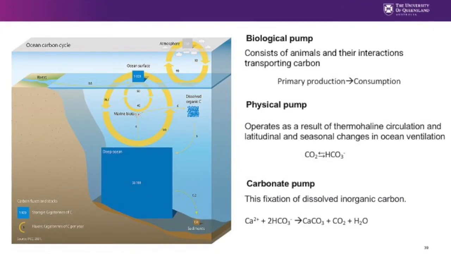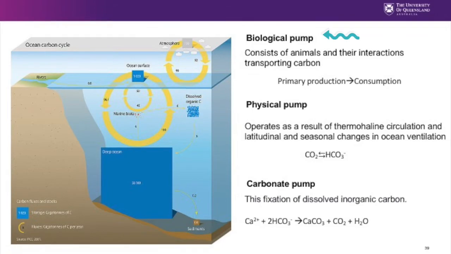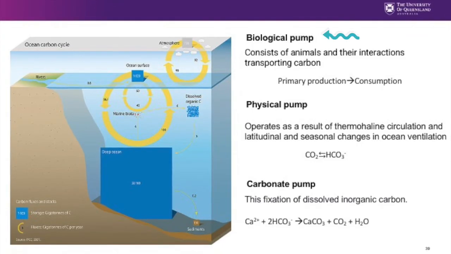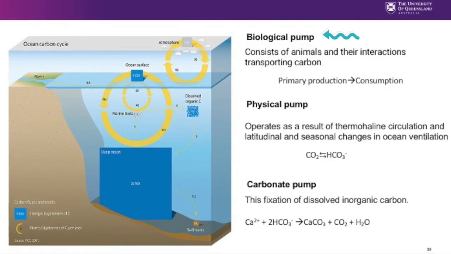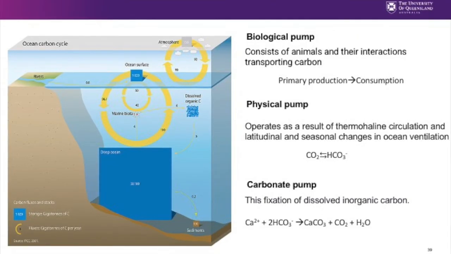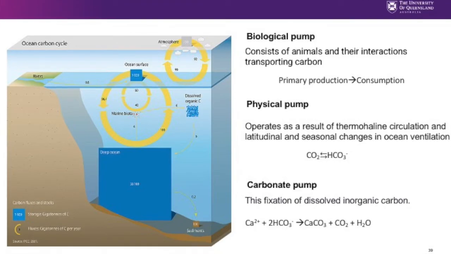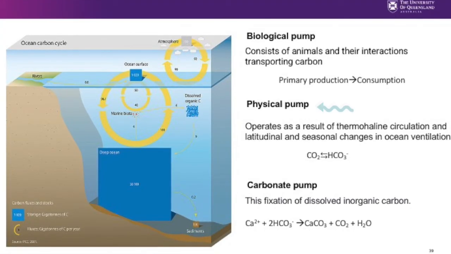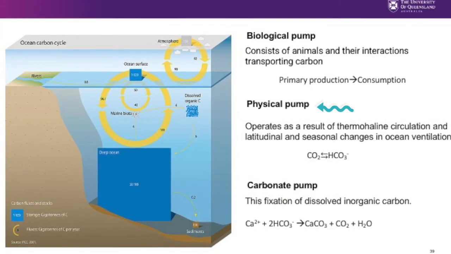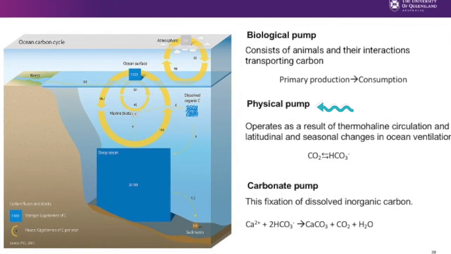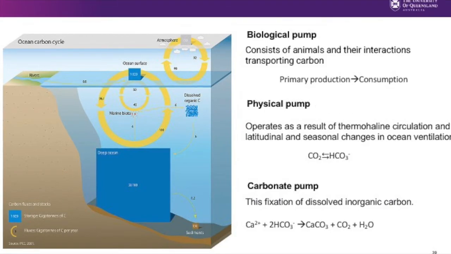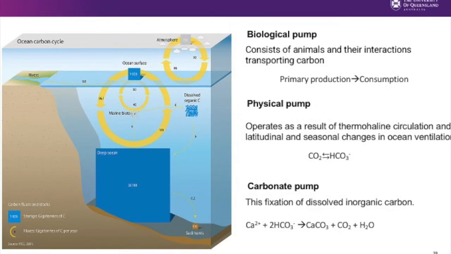One is called the biological pump, the one that we've been discussing, where primary producers or plants take the carbon from the atmosphere, and then it's consumed and transformed into organic material, right? Then we have the physical pump, and this pump drives the transformation of CO2 to bicarbonates or vice versa.